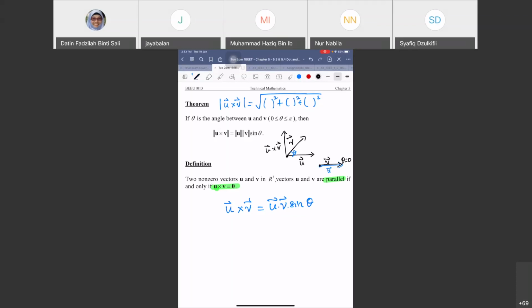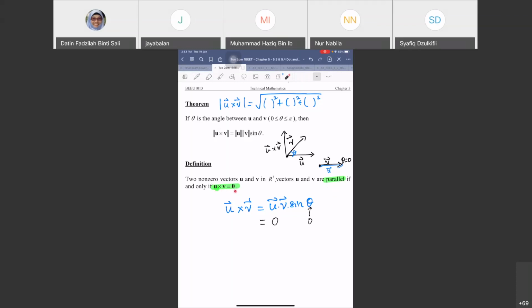When they overlap like that, they are parallel. Since sine 0 is 0, you have u cross v equal to 0. So the important concept is the word parallel for the cross product.